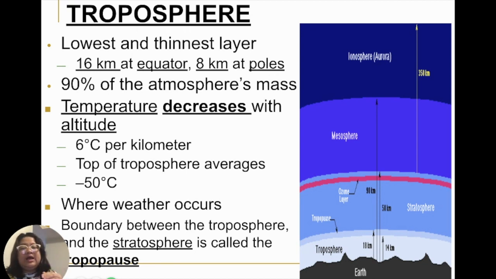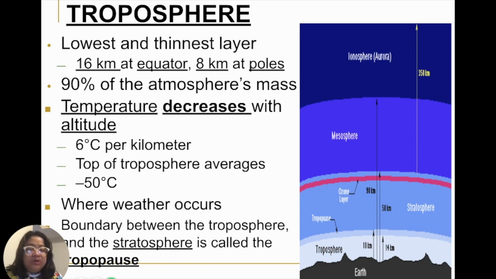So every time the height increases, there is a 6 degrees Celsius difference. The top of the troposphere averages negative 50 degrees Celsius. This is also where the weather occurs. When it rains, when it snows, this is where it happens.